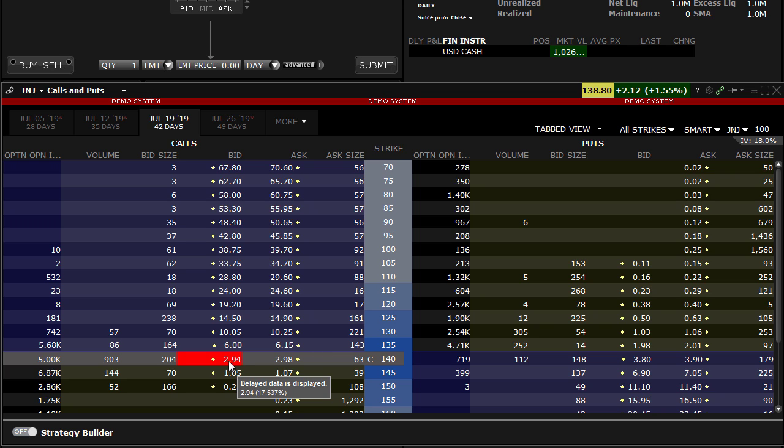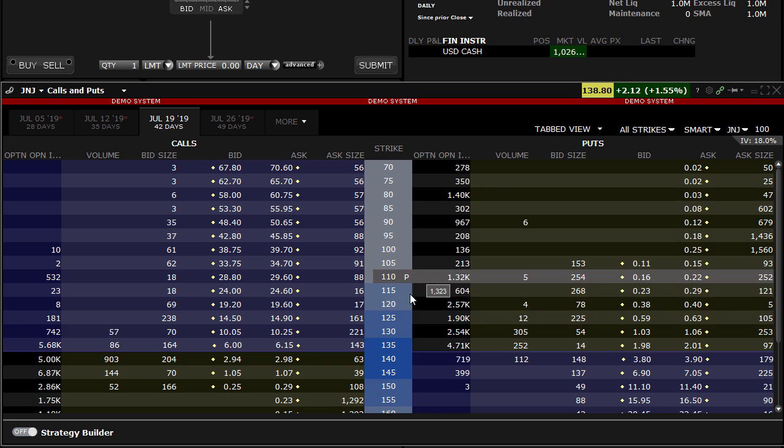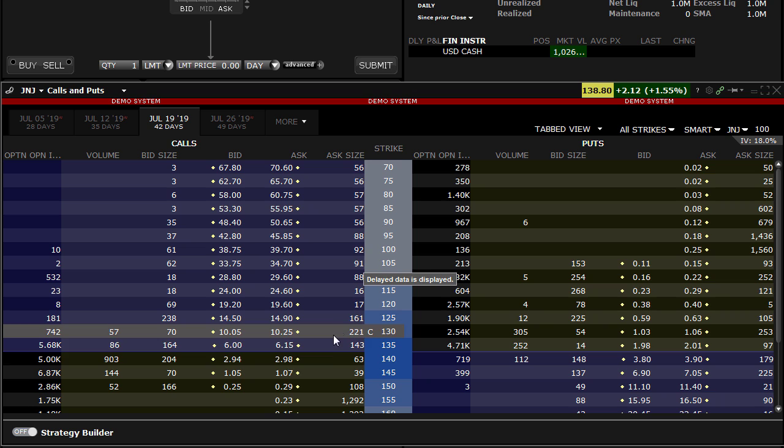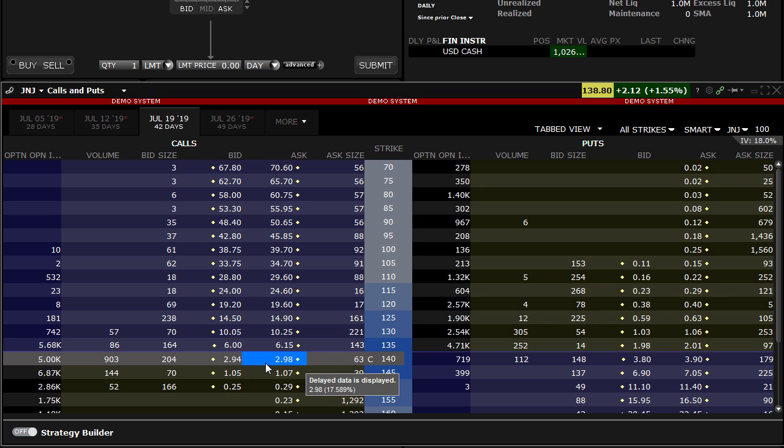Because this 140 strike will expire worthless if this thing closes under 140. And so you'll collect that, and there's no risk with you actually selling this call option against the stock. The only risk is owning the stock, right? So if the stock goes down a lot, you're going to be out the money in the stock. But if you really like the company and you want to hold it long term, that's one strategy you can employ to improve your returns.